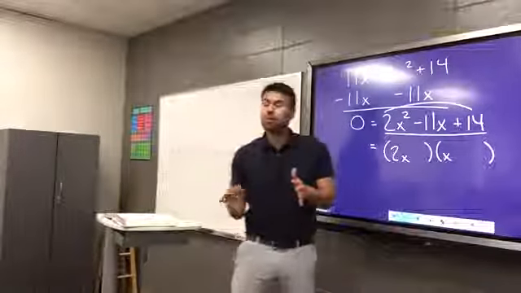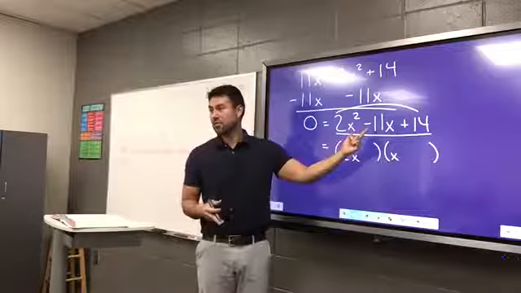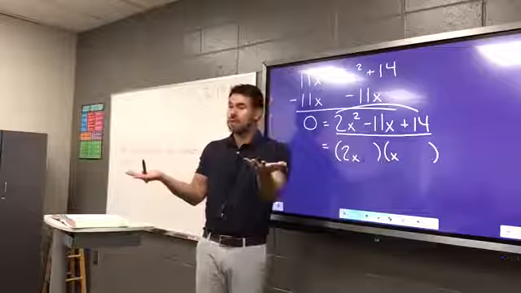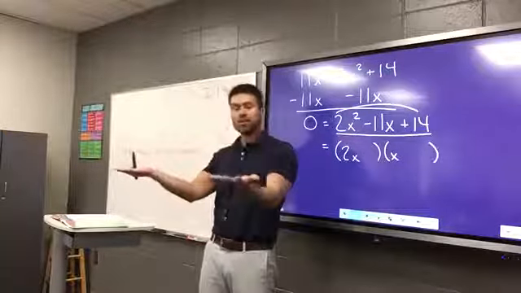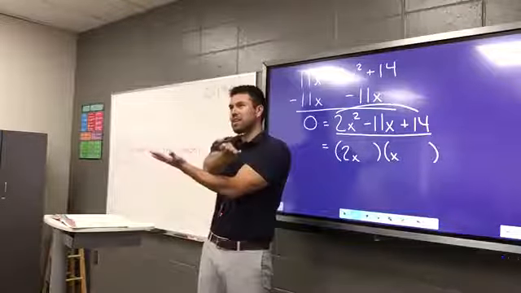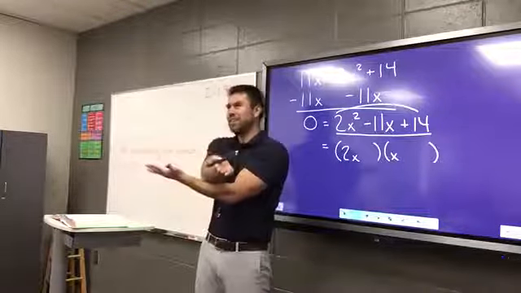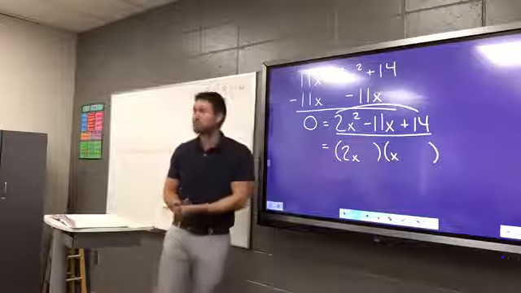Now, should they both be positive? Probably not. Because I need a negative, right? So one should be positive, one should be negative. But which one should go where? Should it be negative 7 here, positive 2? Or positive 2, negative 7? Or negative 2, 7? What should it be?